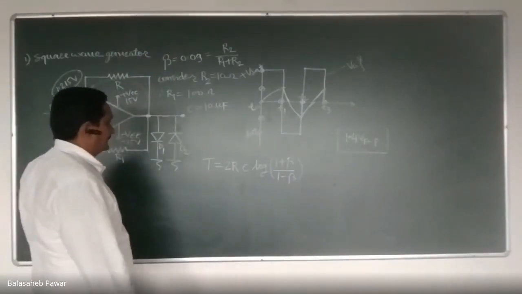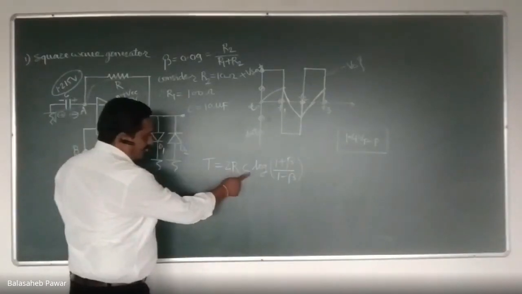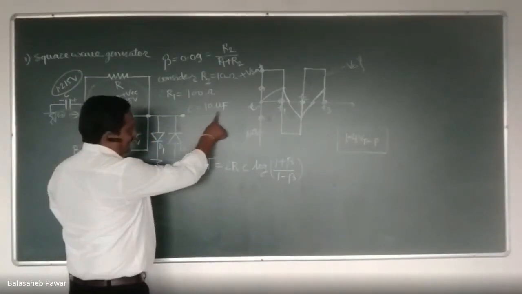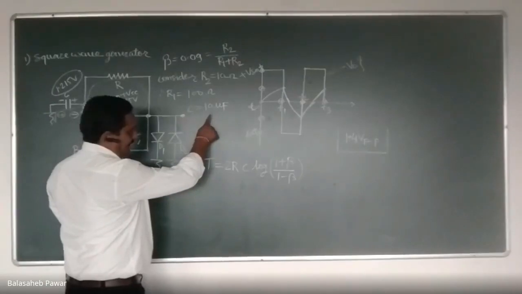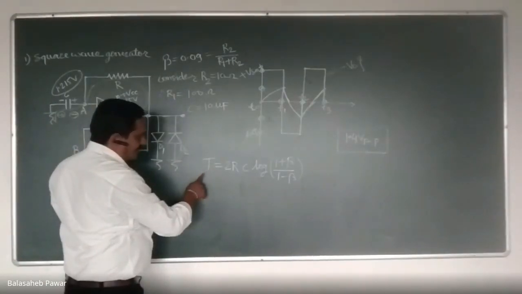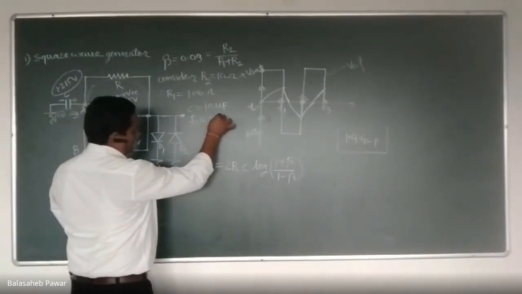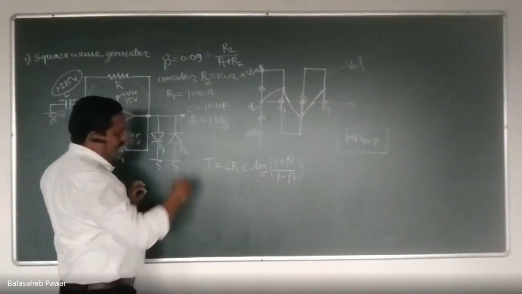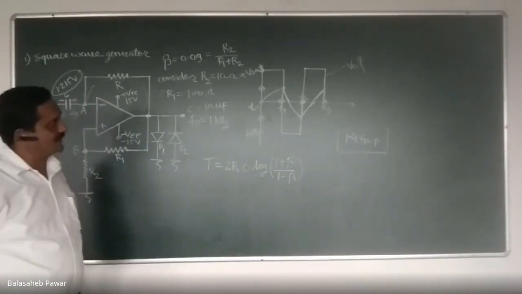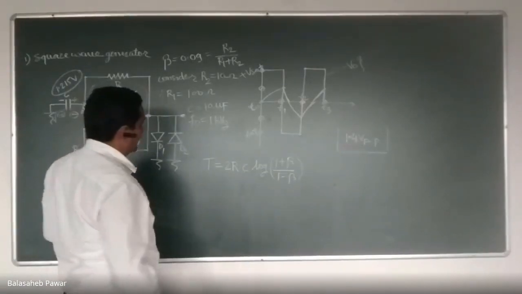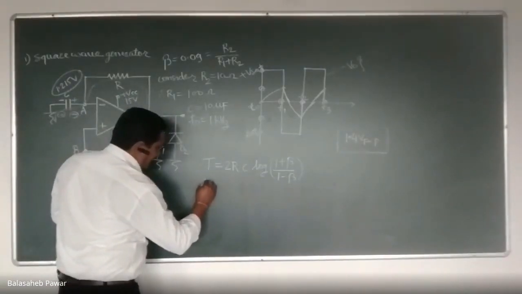So see, we consider the value of C as 10 microfarad, right? Capital T is how much? We consider the oscillating frequency as 1 kilohertz. I should get a square wave of 1 kilohertz. That means capital T will be 1 millisecond.